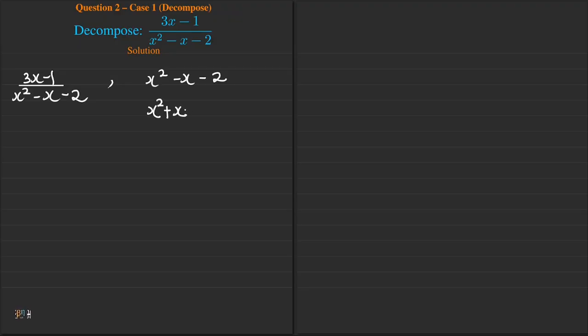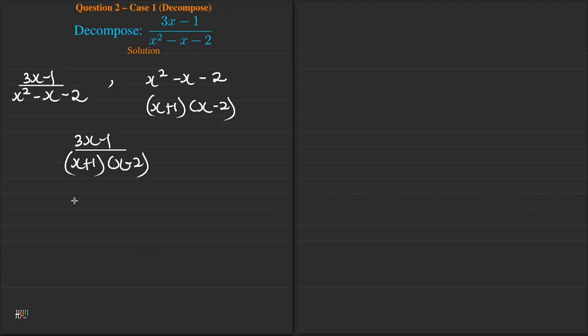So we have x plus 1 and then x minus 2. This becomes our factorized form. Hence, our question is rewritten as 3x minus 1 all over x plus 1 and then x minus 2.